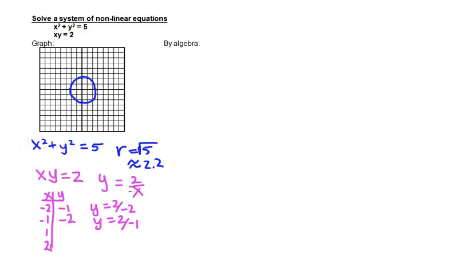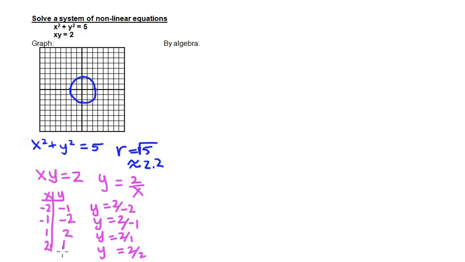When x is 0, 2 divided by 0 is undefined, so we're not able to calculate a value. When x is equal to 1, y is equal to 2 divided by 1, which is just equal to +2. And finally, when x equals 2, y is equal to 2 over 2, and that's equal to 1.